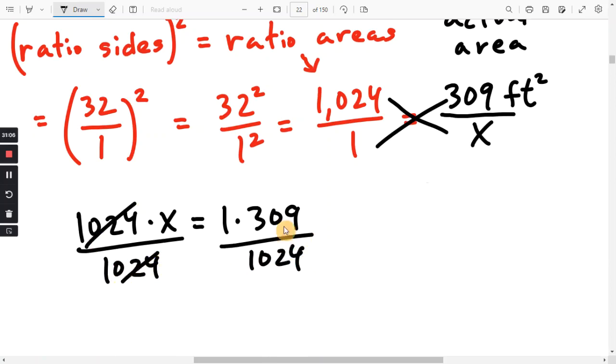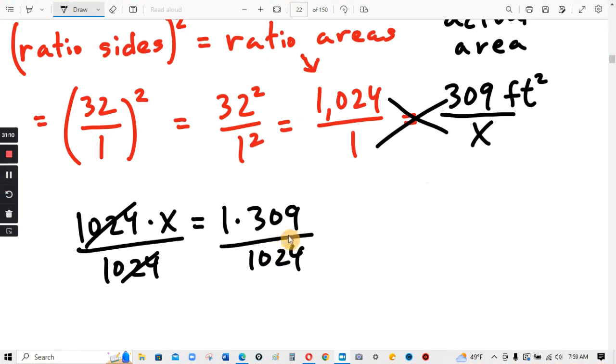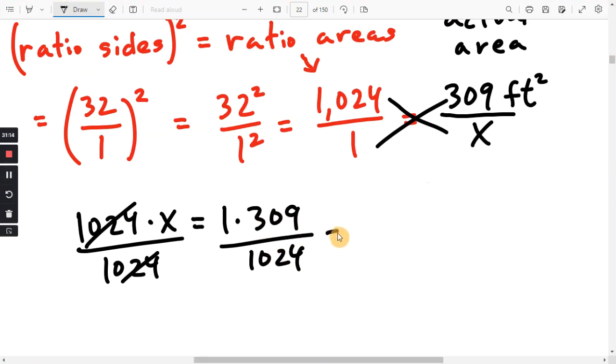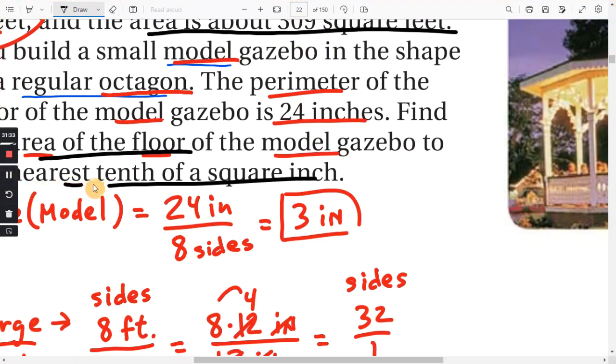And I'll do this on the calculator. Okay, I get a big decimal. So what I'm going to do, I'm just going to keep the fraction as is for now. 1 times 309 is 309. And that's divided by 1024. Now, that answer was in square feet. But they wanted it to the nearest tenth of a square inch.